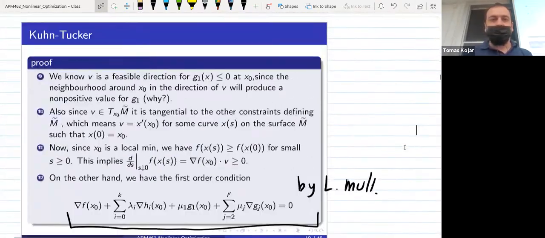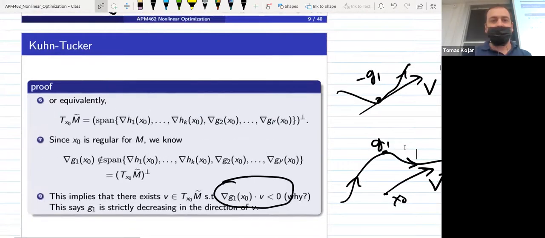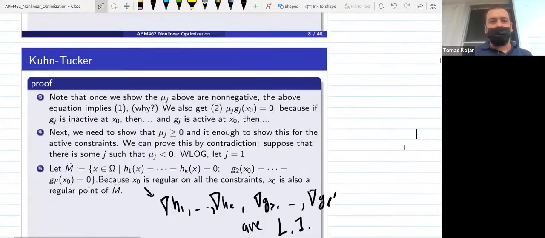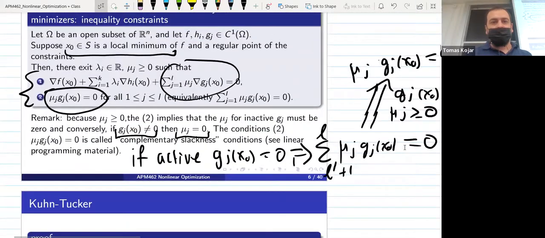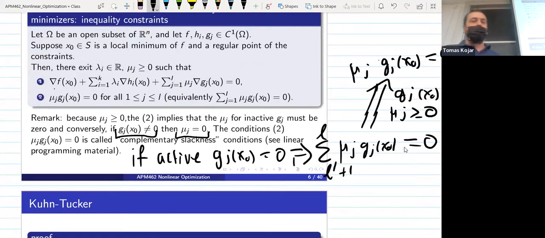Actually, let me go to the beginning. I want to show you that if x naught is a local min, then you have this condition.